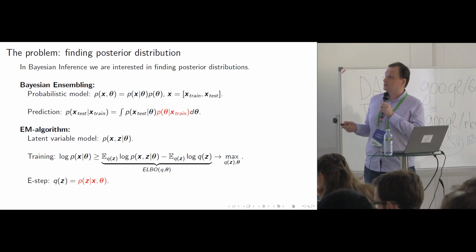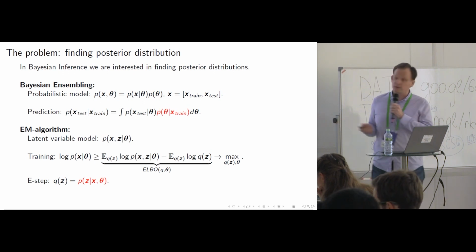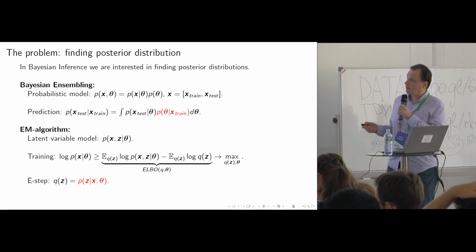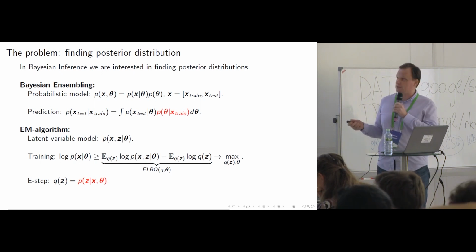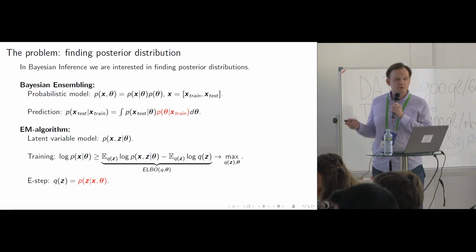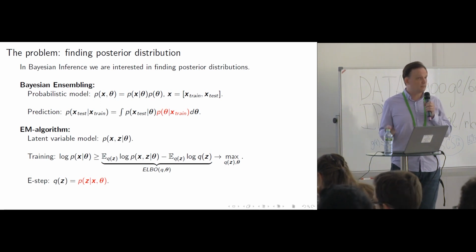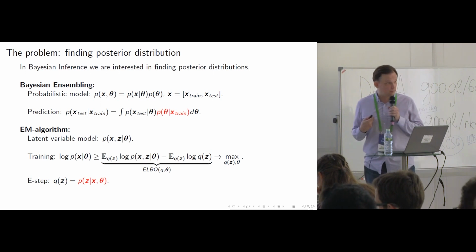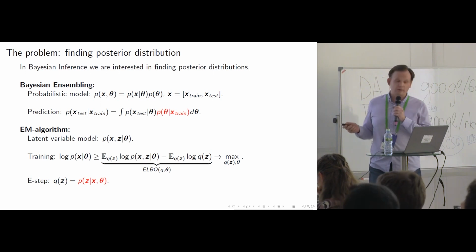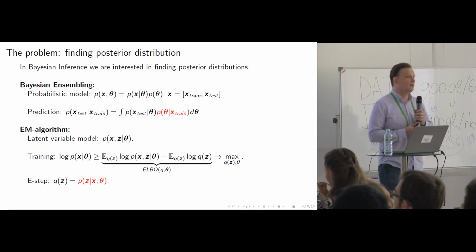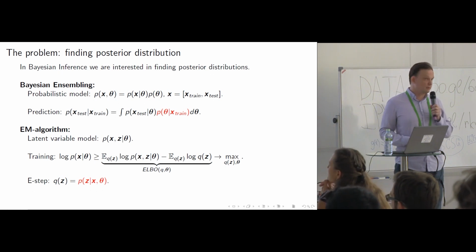The other example is a bit more complicated. This is a latent variable model. Here we have some observed variables x, some model parameters theta, and also some hidden variables z that take part in our model but are not observed in our training set. For this latent variable model, in training, people usually use the EM algorithm.